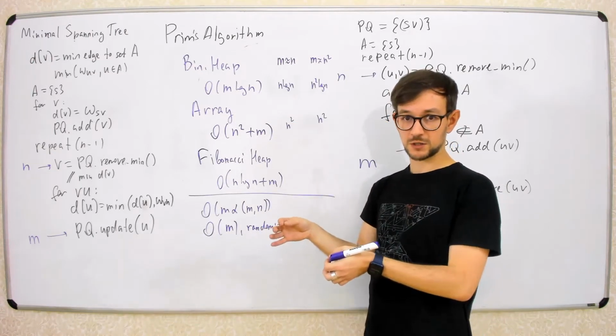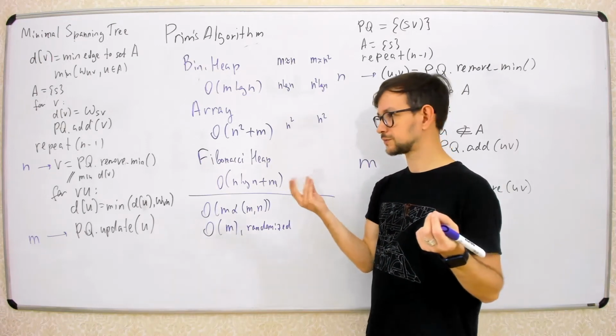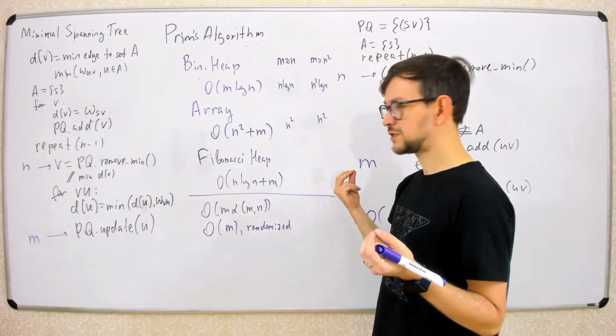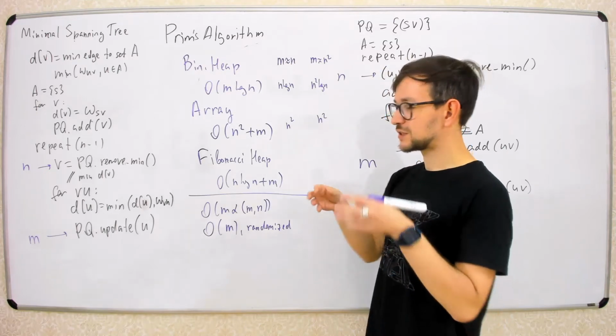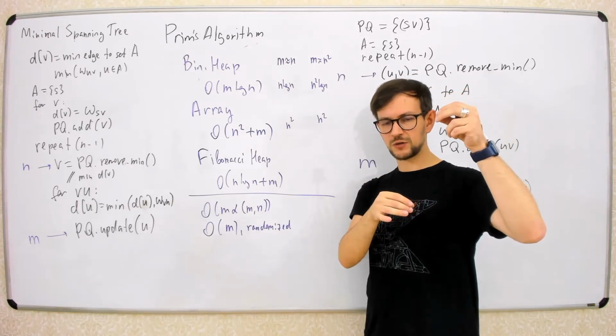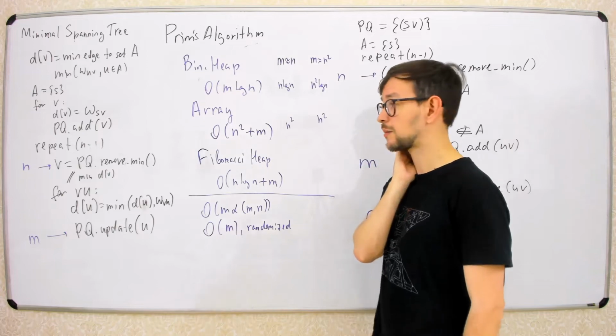same time complexity. It kind of uses these trees, how are they called? Decision trees, yeah. If you look at the decision tree for building the minimal spanning tree, like we discussed when we talked about sorting algorithms, maybe you remember.